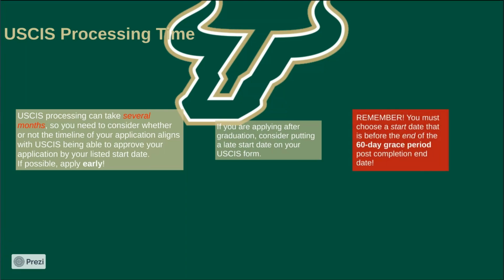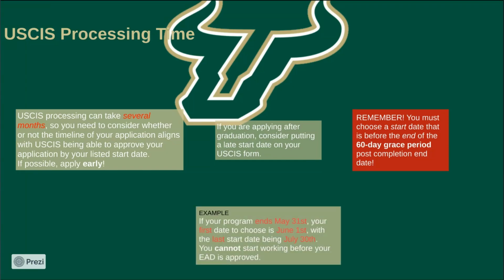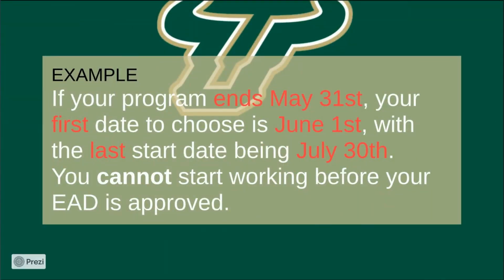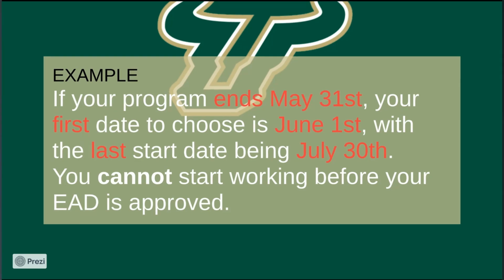Remember that you must choose a start date that is before the end of your 60-day grace period. For example, if your program ends on May 31st, your first date to choose is June 1st, with the last possible start date being July 30th. And please note that you cannot start before your EAD is approved.